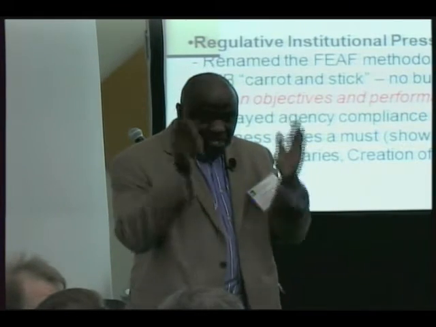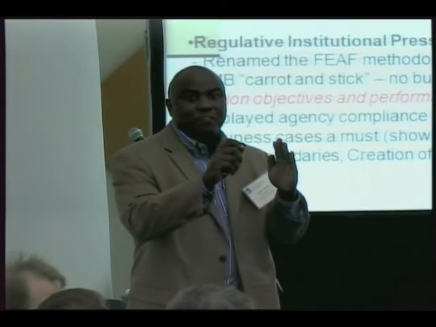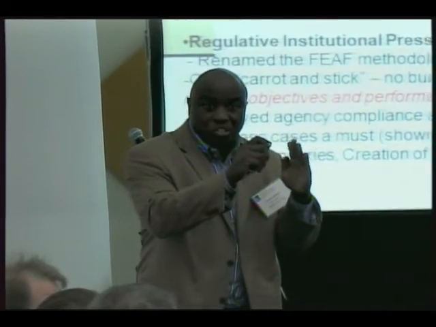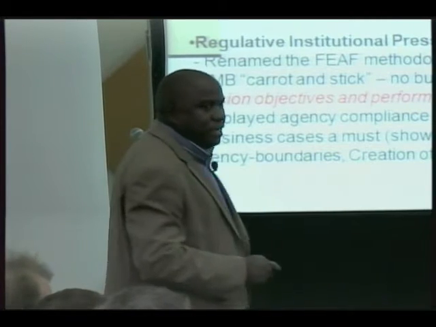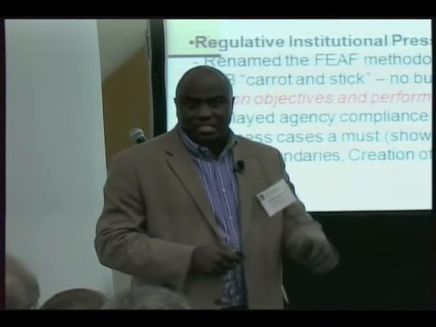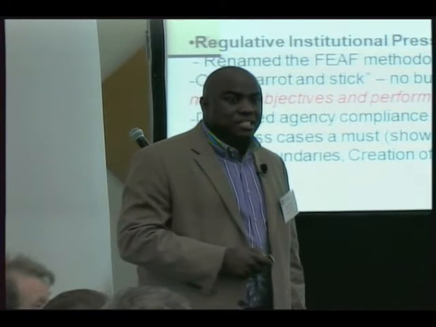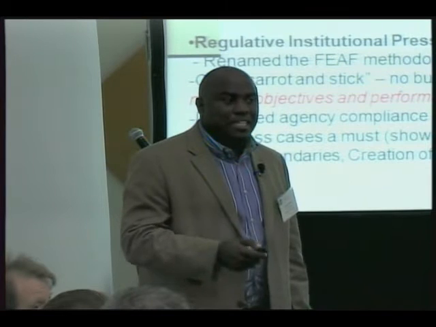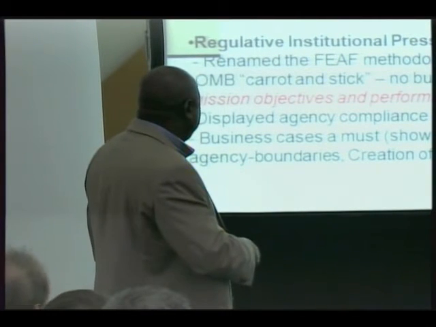So instead of just being siloed, they were going to be judged at a federal level because they had to jointly support the mission. Then the OMB was introduced as the focal point to manage the assimilation. And they used a carrot and stick approach. I'll explain that on the next slide, this carrot and stick. Maybe you'll understand better when I say that.